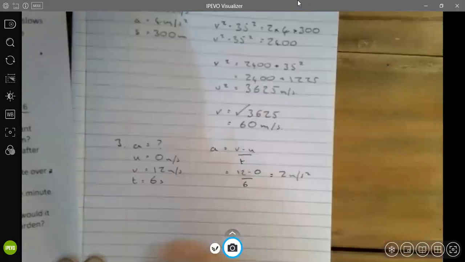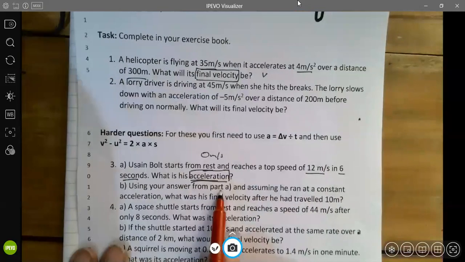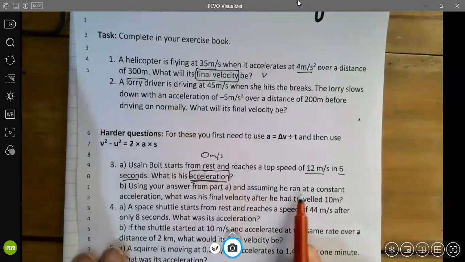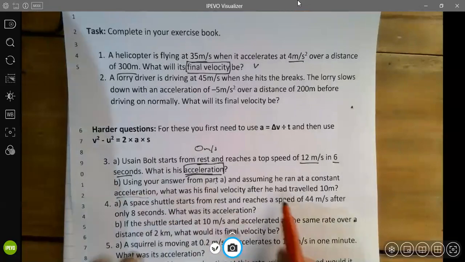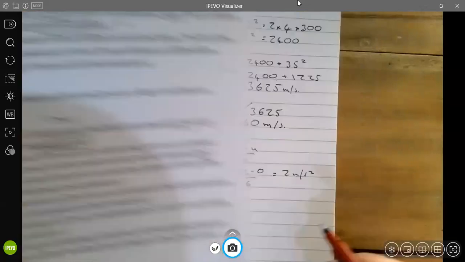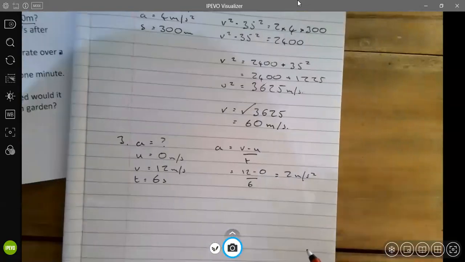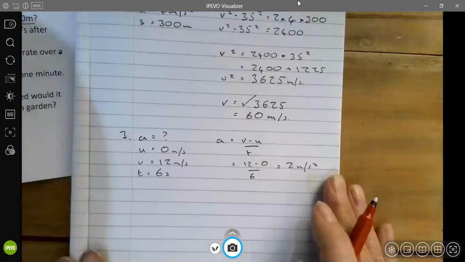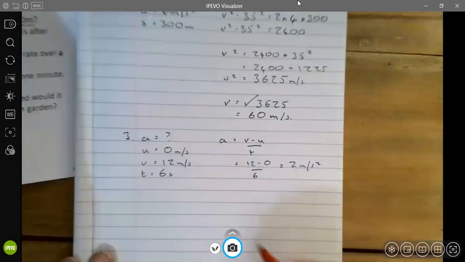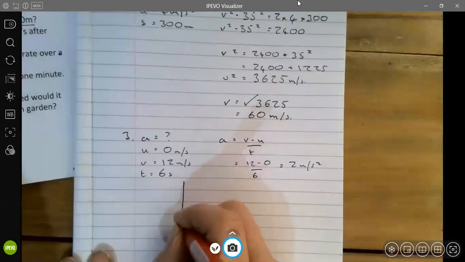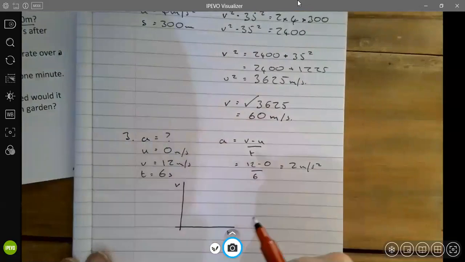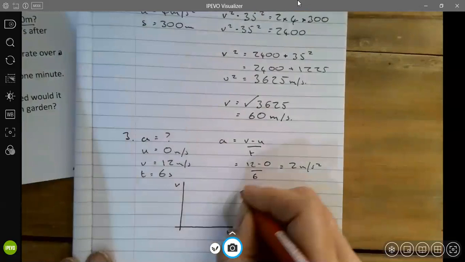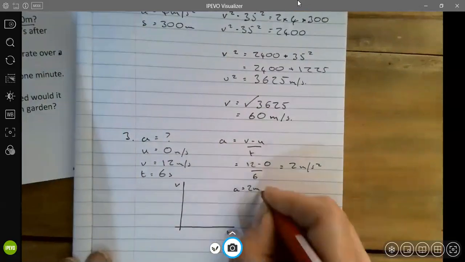Now, using your answer from part A, and assuming he ran at a constant acceleration, what was his final velocity after he had travelled 10 meters? So if we're looking at this, we have an acceleration of 2 meters per second squared.